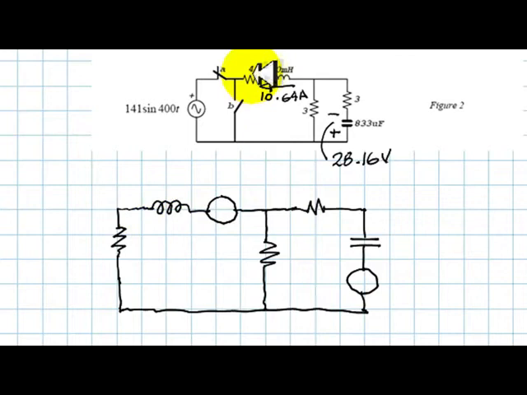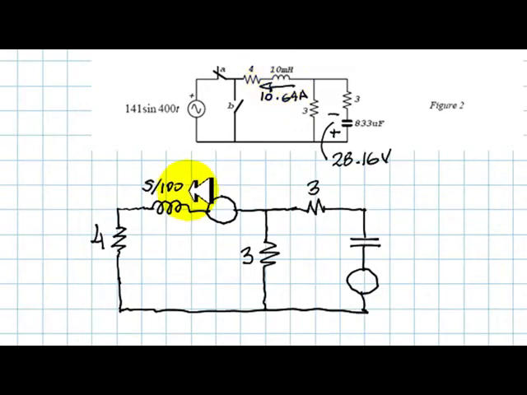This is the 4 ohm resistor over here. This is this 3 ohm resistor, and this is this 3 ohm resistor up here. This inductor, 10 millihenries, will be represented as an impedance S times L. Like that.